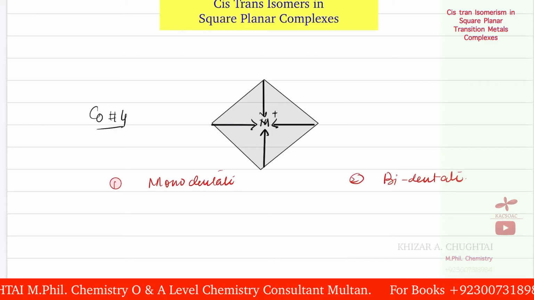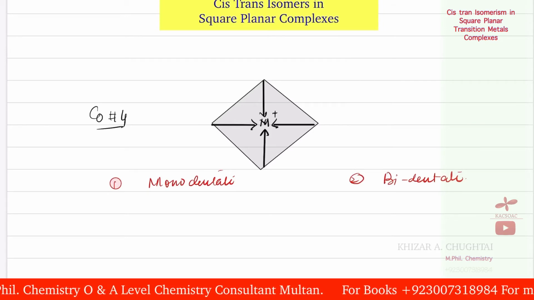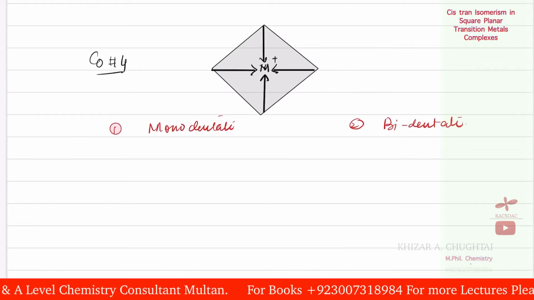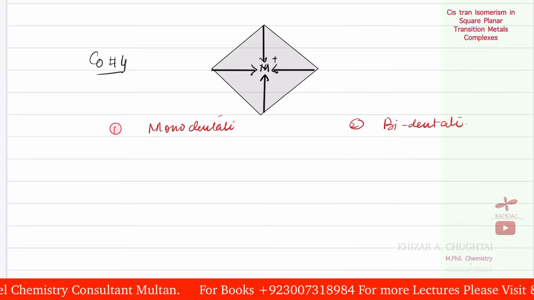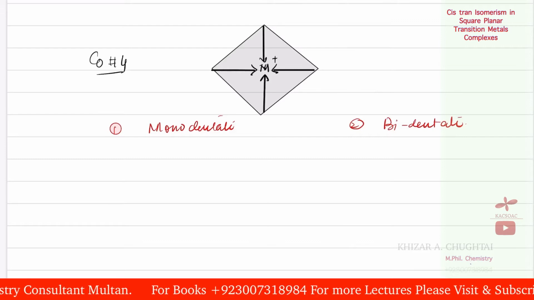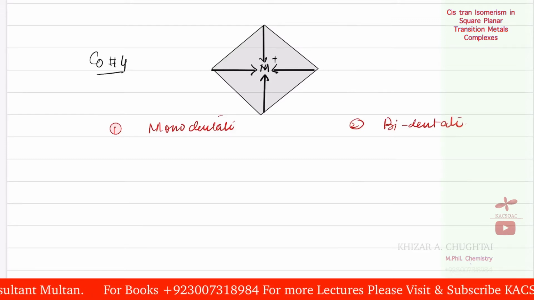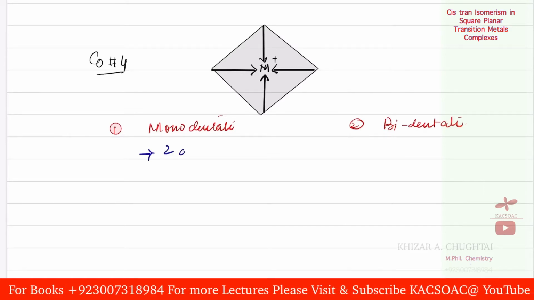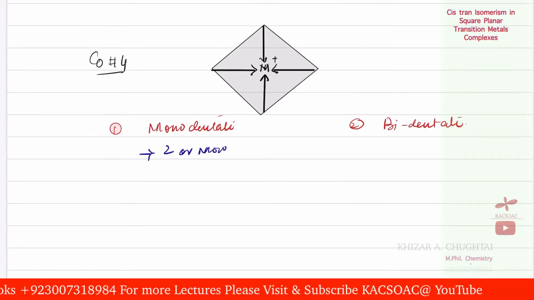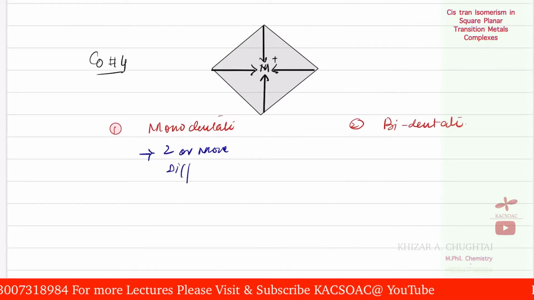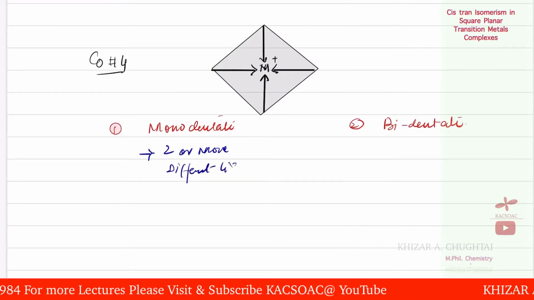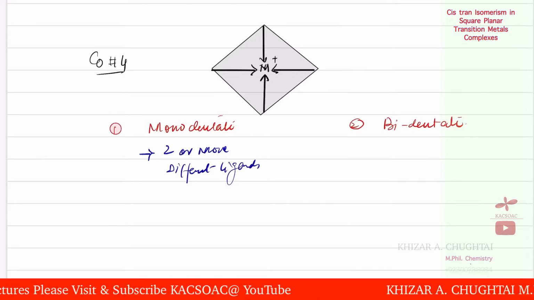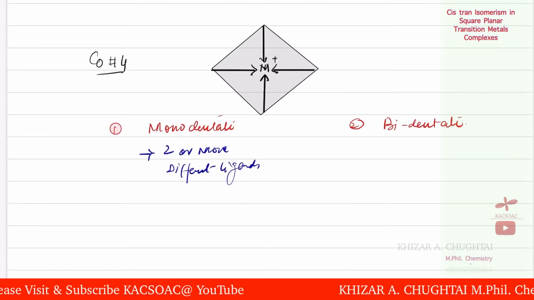Now come towards the first case, monodentate ligands. What are the basic rules for the monodentate ligands? For monodentate ligands, there are 2 basic prerequisites, or basic rules. Number 1, there must be 2 or more different ligands: 2 different, 3 different, or 4 different ligands.